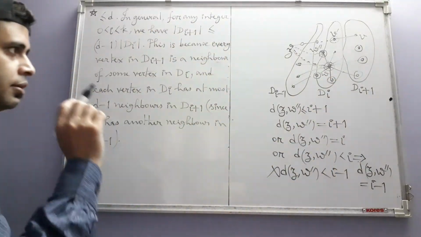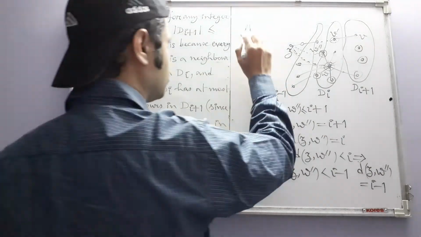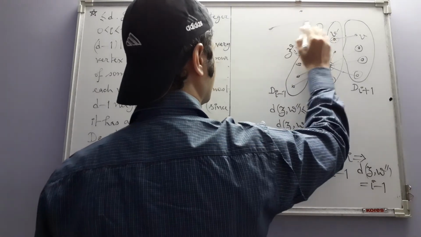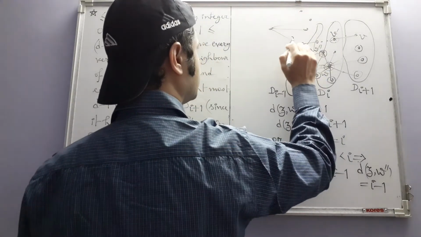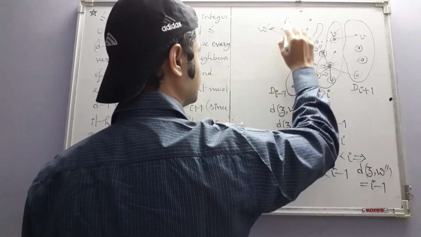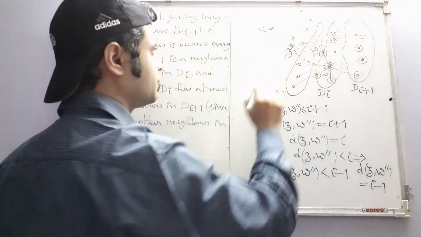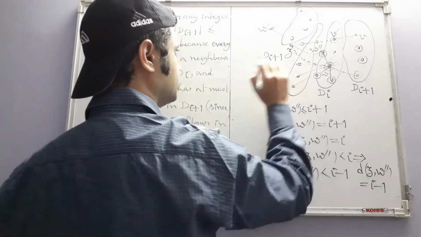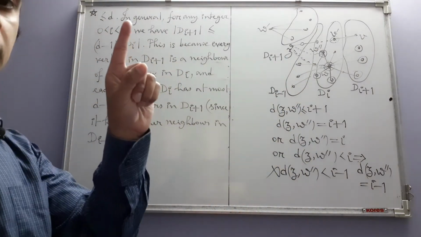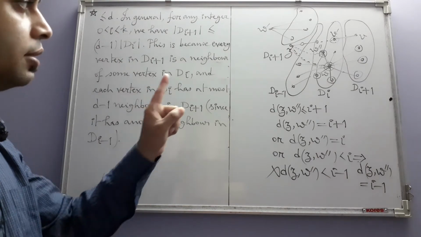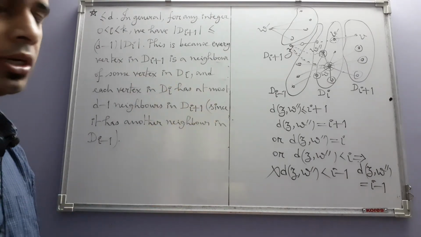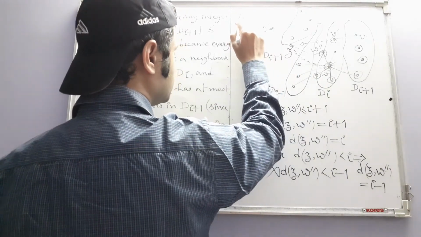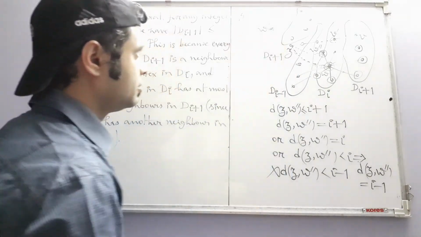However, in the extreme case where almost all the neighbors of W prime are in di plus 1, there is at least one vertex which will be in di minus 1, and that will come from the path that joins Z and W prime.